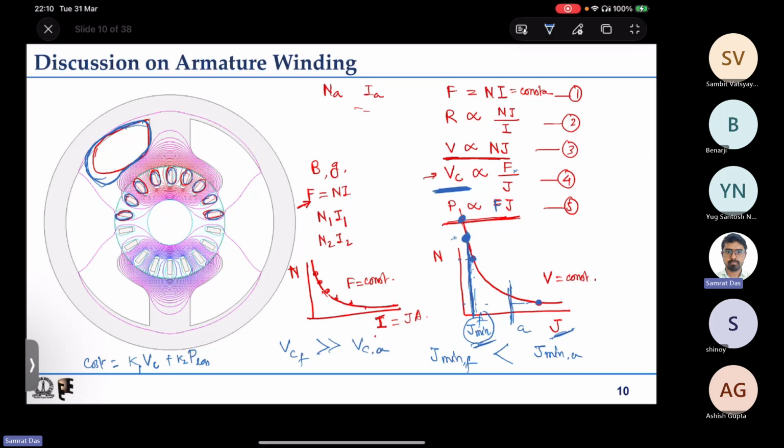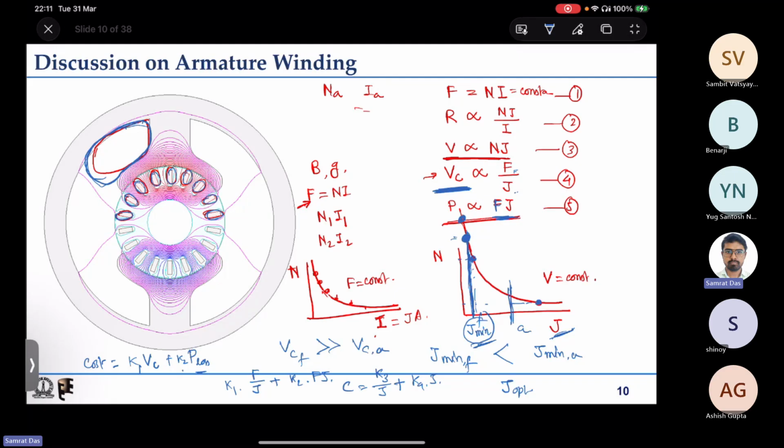You want to minimize the total cost, so you differentiate it. Vc is proportional to F by J, and P loss is proportional to F into J. So the equation becomes K1 into F by J plus K2 into F into J. K1 and F are both constant, so let me name it K3 by J plus K4 into J. This becomes our cost function, and if we differentiate it and make it equal to 0, then we will have a solution of J optimum for any winding.